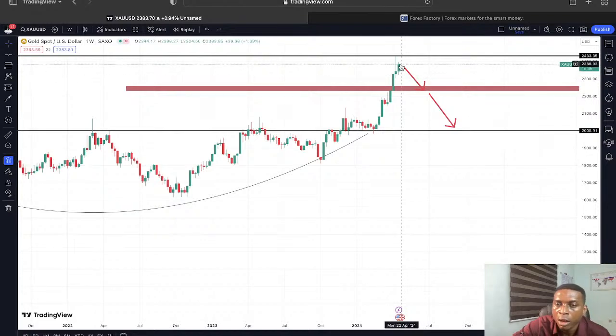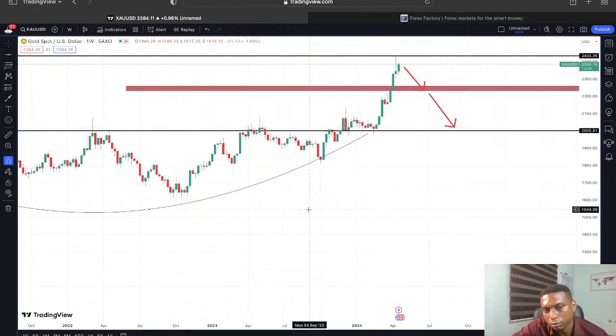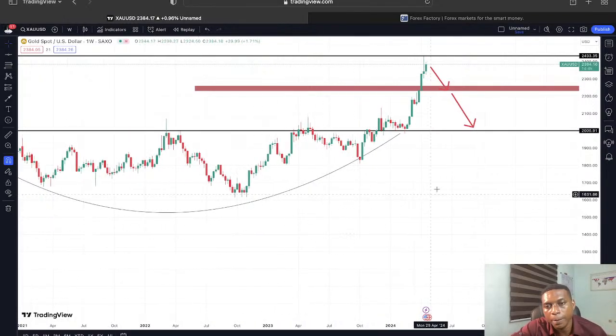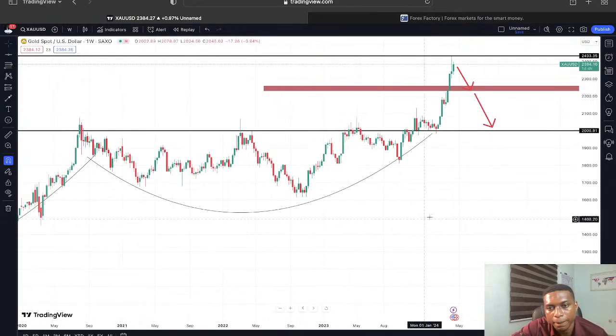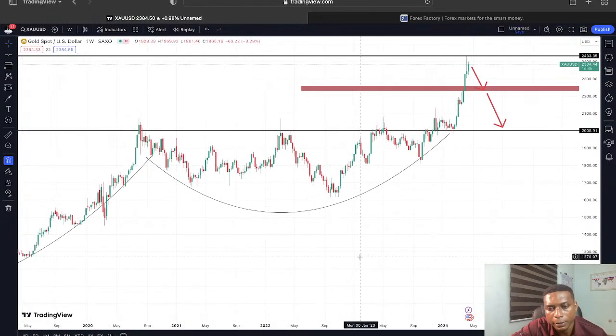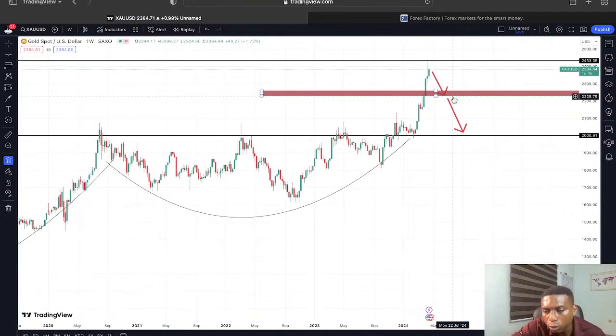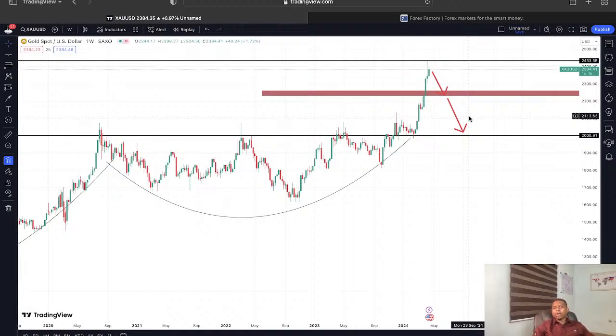You can see a pushback down here and another pushback down here. So we are expecting a pushback, or a temporary reversal, in the price of gold.